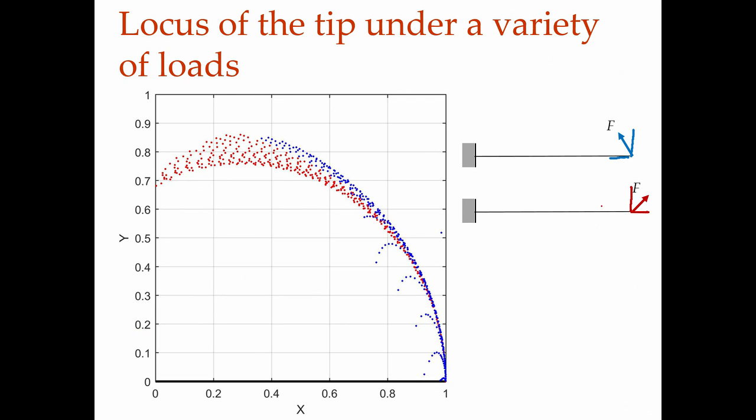So, that is the color coding here. We have the red one and the blue one, and you can see in some cases it is going down like this, okay, but all the points, if you see, the locus is highly constrained, and I have varied these forces quite a bit, a wide range of forces.